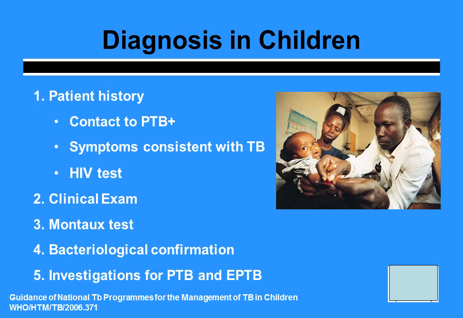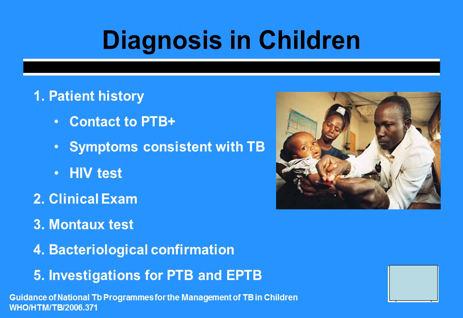We need to ask whether there is any family history of contact with pulmonary tuberculosis, and whether the child has symptoms consistent with tuberculosis like cough with expectoration, hemoptysis, weight loss, fever, night sweats. All these symptoms we need to ask for. We need to do HIV testing.